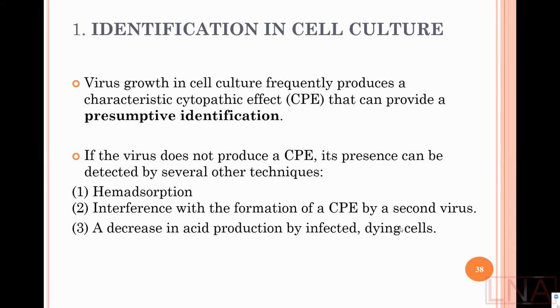The indicator remains red, alkaline, in the presence of virus-infected cells, but turns yellow in the presence of metabolizing normal cells as a result of acid production. This technique can be used to detect certain enteroviruses, and in environmental samples also.